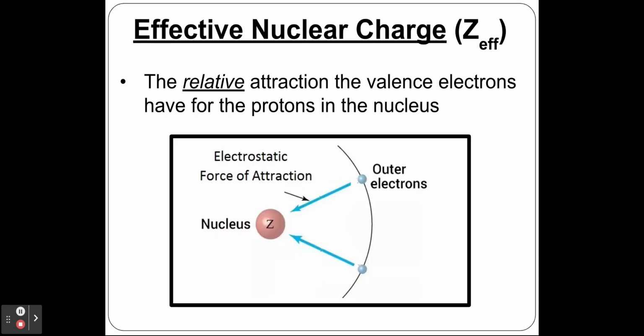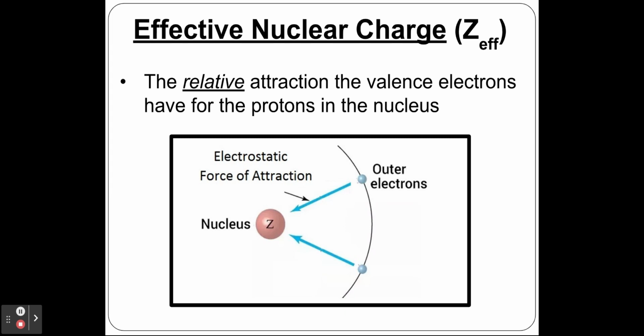And so what we then need to calculate is what is called the effective nuclear charge. Remember, the effective nuclear charge is the relative attraction that the valence electrons have for the protons in the nucleus. They're not really feeling all of the protons in the nucleus. They're feeling a portion of it. So it's relative to the number of protons that they can actually feel.